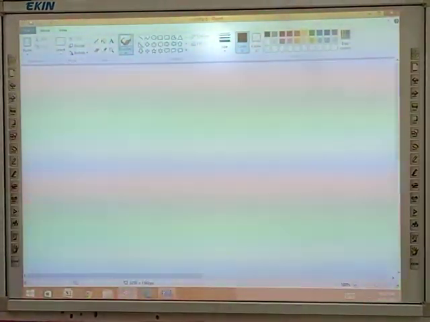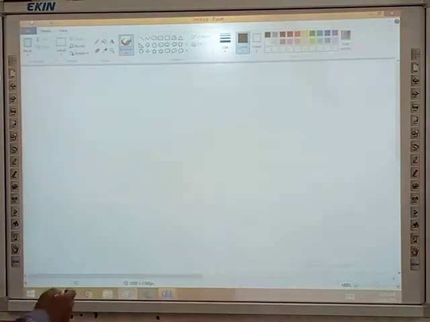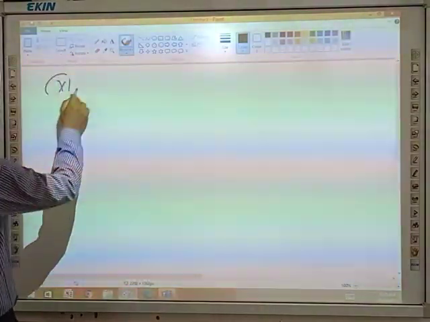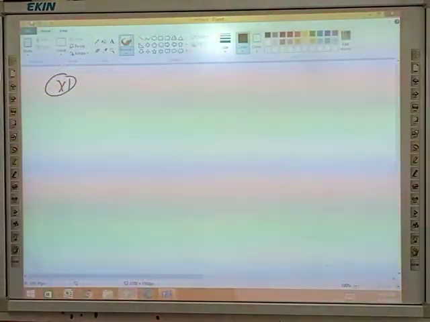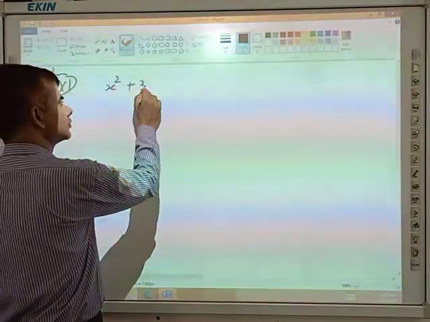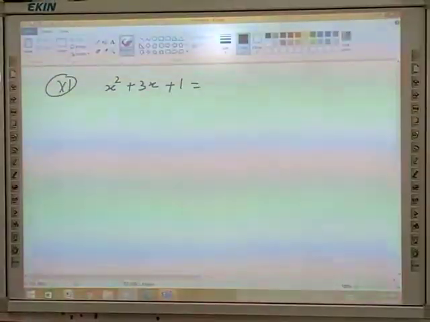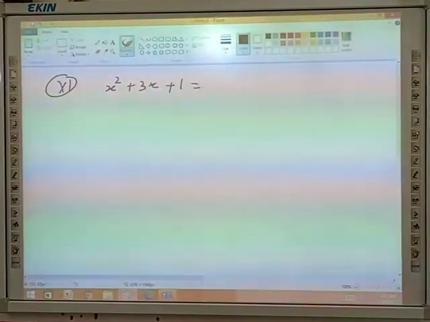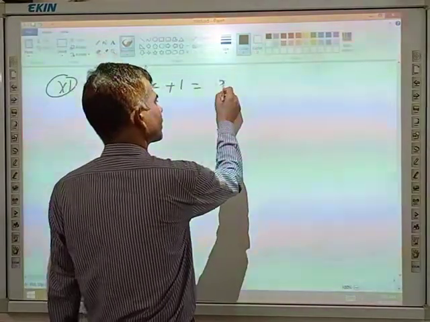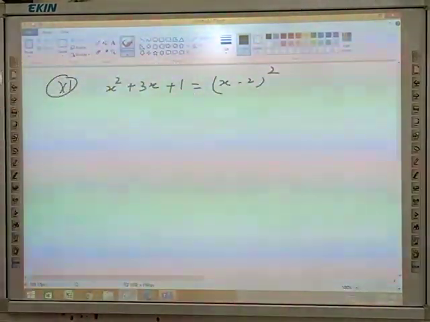Students, exercise 4.1, sixth part. x square plus 3x plus 1 is equal to x minus 2 whole square.